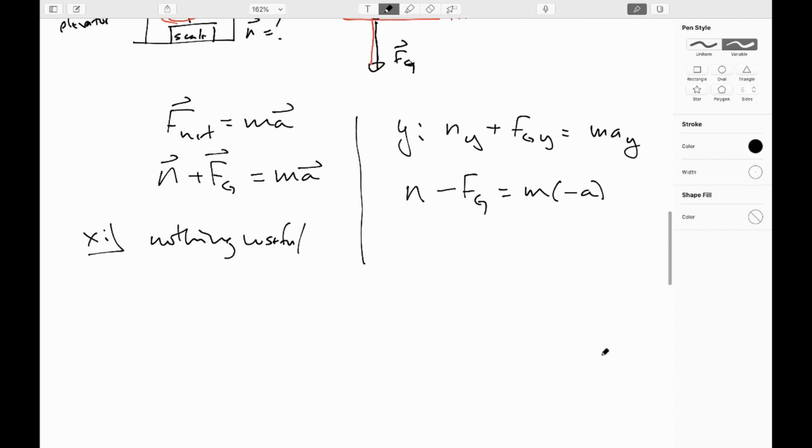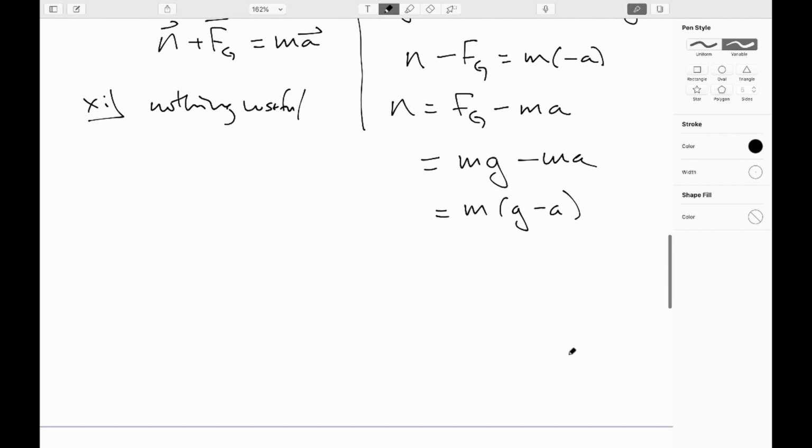All right, so rearranging a bit, we can write that the normal force will be equal to the force of gravity. If I multiply that minus sign through, this becomes minus ma. And from our understanding of gravity, we can say this is mg minus ma. We can group the m's.